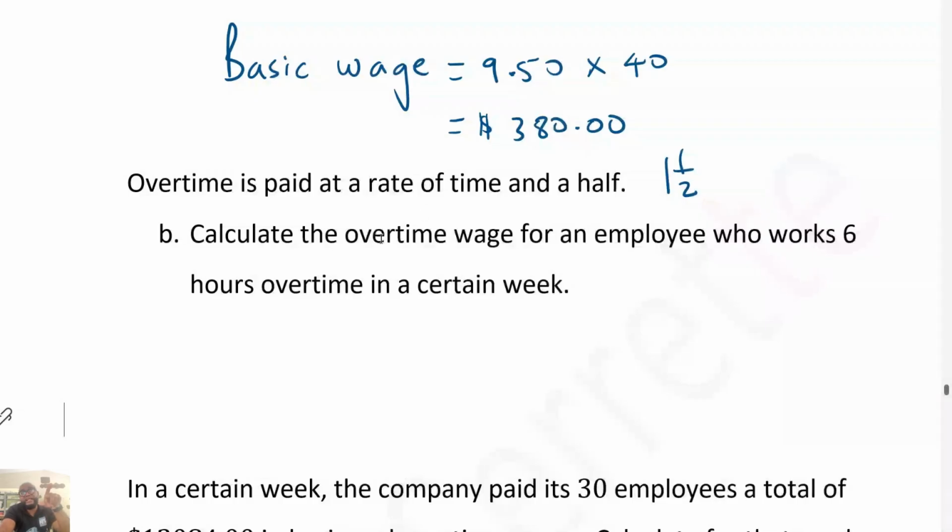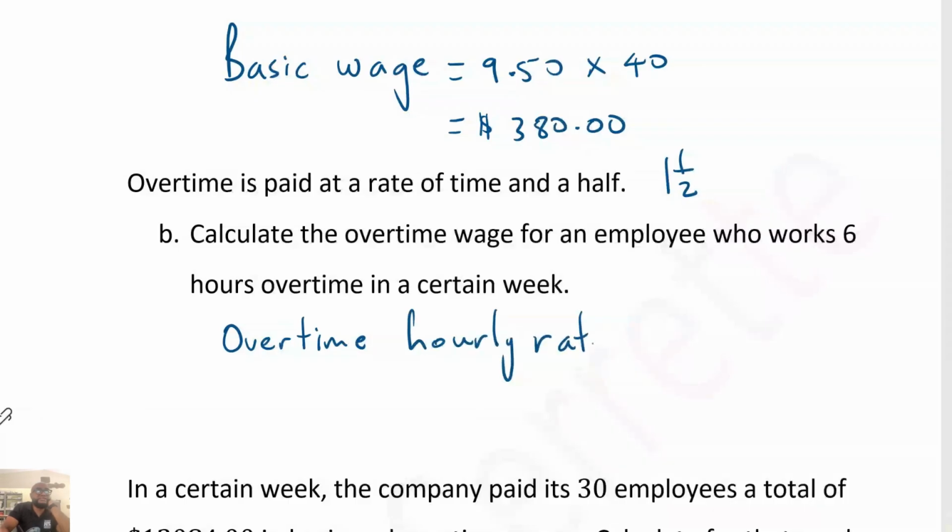So they ask you to calculate the overtime wage for an employee who works 6 hours overtime in a certain week. So 6 hours overtime, we must find the overtime hourly rate. So this will be equal to 1.5, as Bruce said in the back there, multiplied by $9.50.